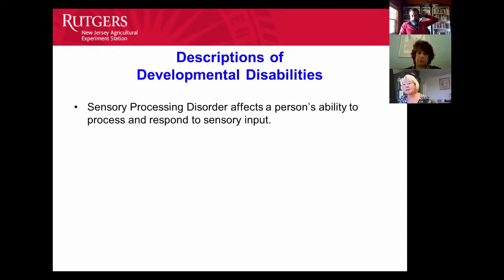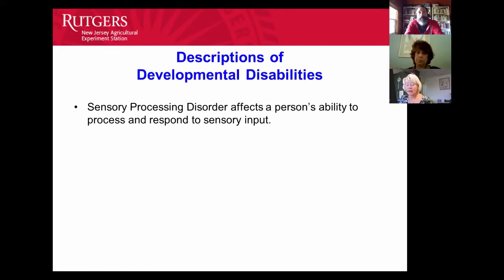Sensory processing disorder, or SPD, is a complex group of neurobiological disorders involving a person's ability to process and respond to sensory input, such as touch, smell, taste, sound, or sight. The person can either be over-responsive, under-responsive, or sensory-seeking.